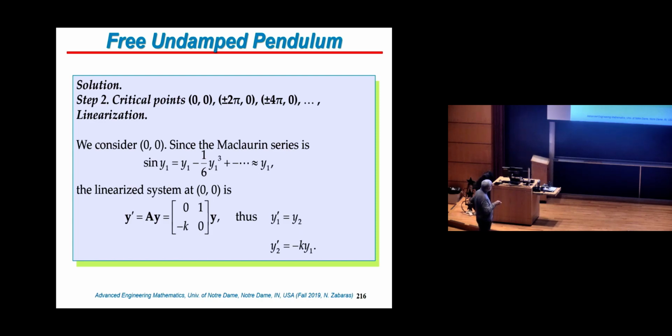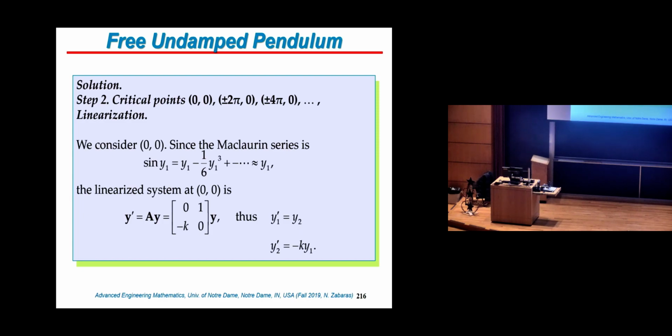K. All right. So you told me P is equal to 0. I'm thinking of the big picture. P is 0, and Q is K, and K is positive because it's the ratio of two positive numbers, right? We define K to be g over L. Okay. So K is positive.